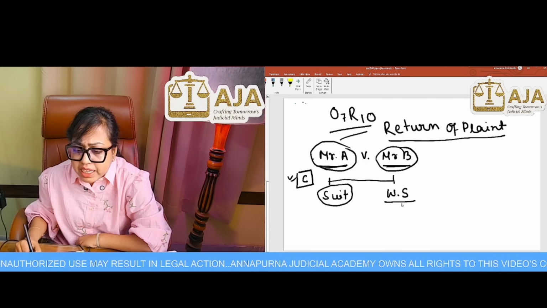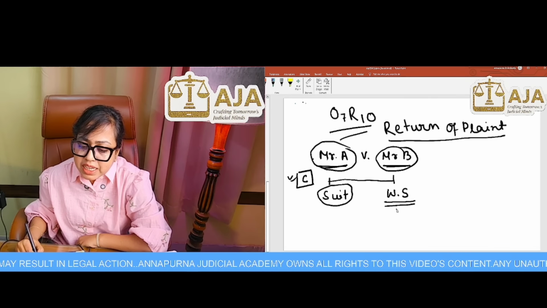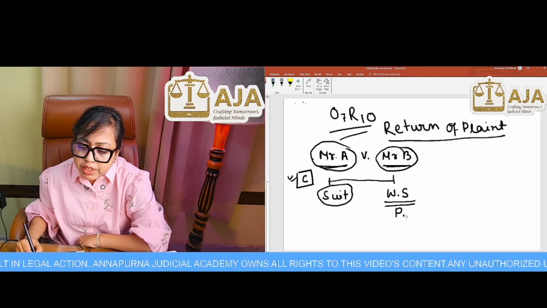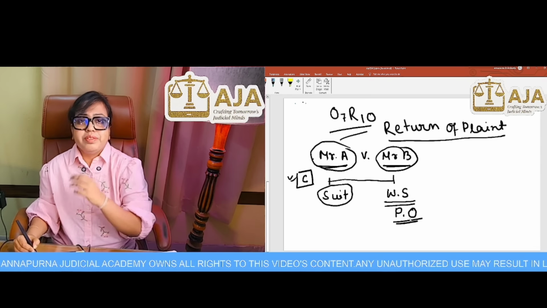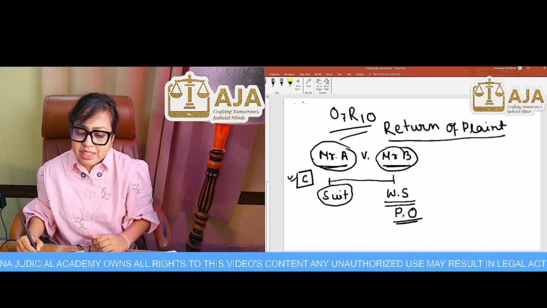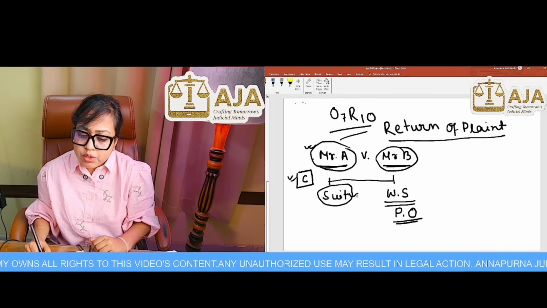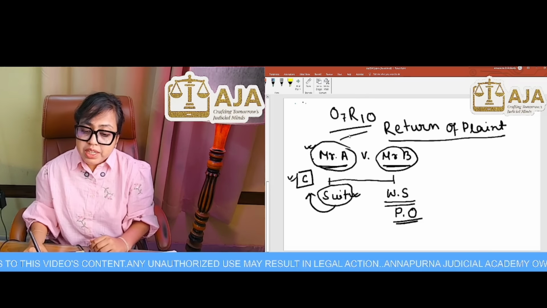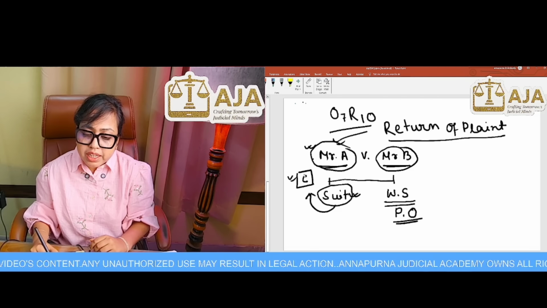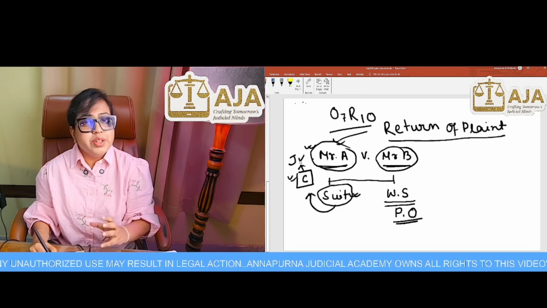In his written statement, Mr. B has raised a preliminary objection regarding jurisdiction of the court. Mr. A filed this suit in this court because he believes that this court has the jurisdiction to try this suit.